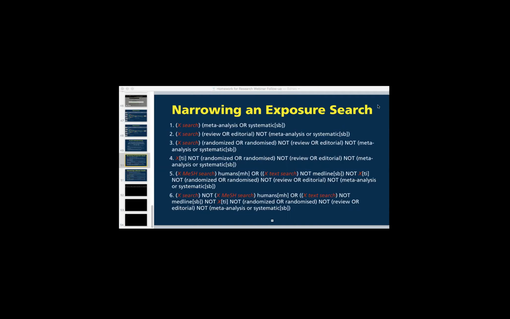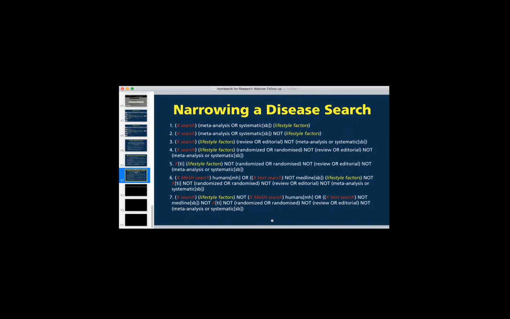Okay. So as you can see, oh, I'm sorry, we're on the wrong one. This is narrowing an exposure search. We are narrowing a disease search. We'll get to the exposure next when we do fasting, I guess is the next one on the list.